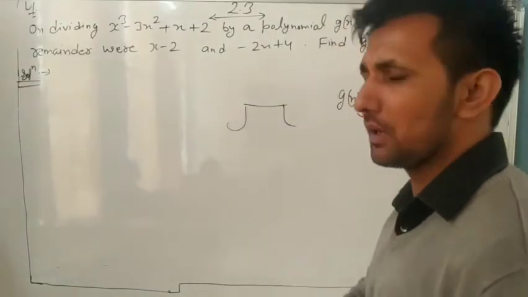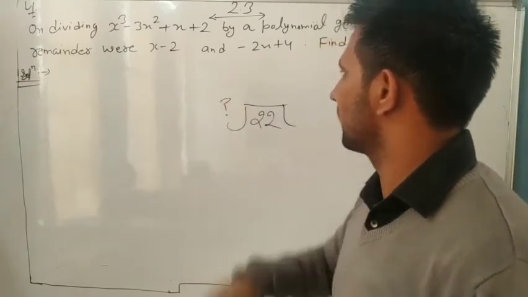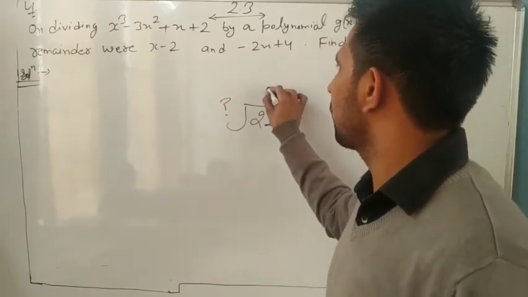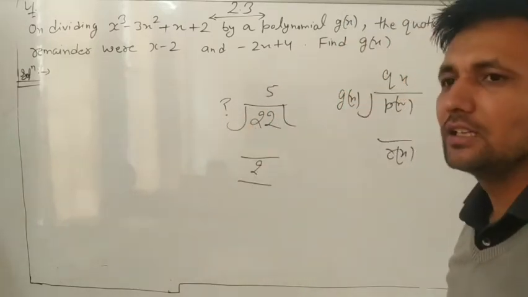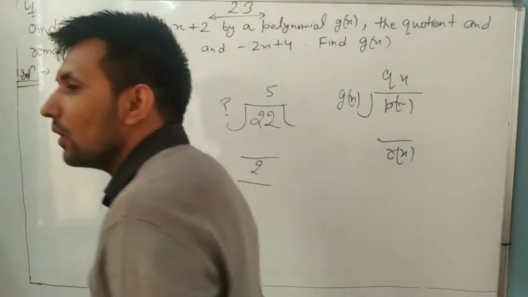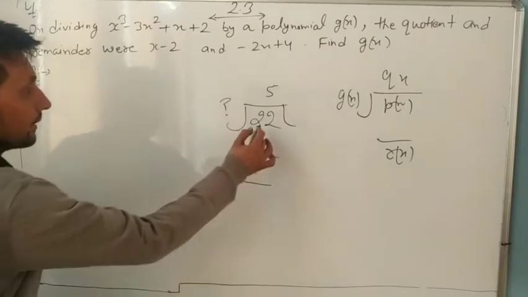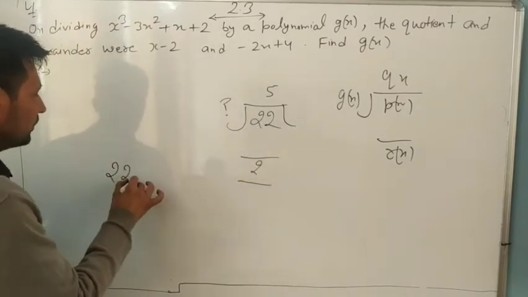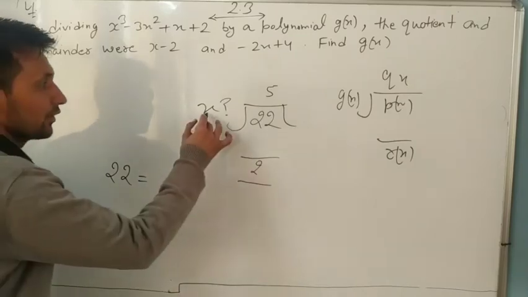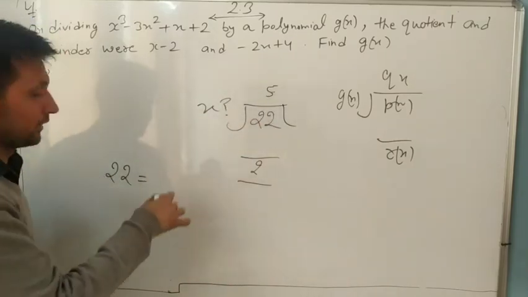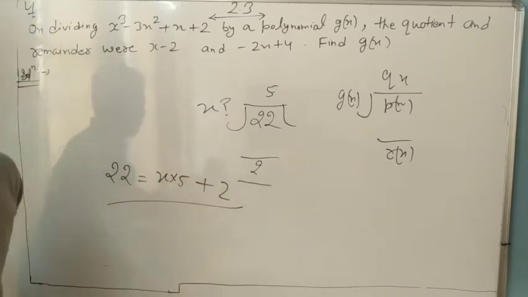It is very simple, dear. Suppose I am writing in numbers. The dividend is 22, the quotient is 5 and the remainder is 2. Find the divisor. Everyone knows the division algorithm: 22 equals x, the divisor, multiplied by 5, plus the remainder 2. It is an equation, or not?